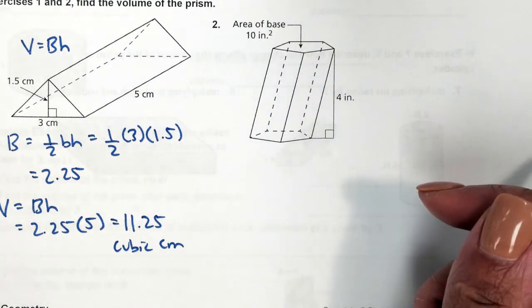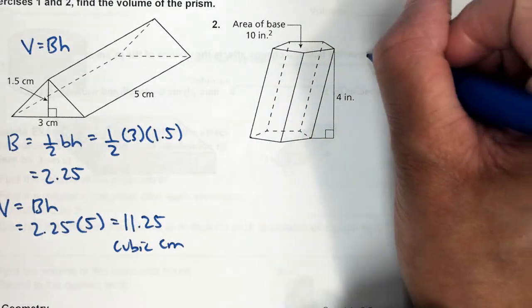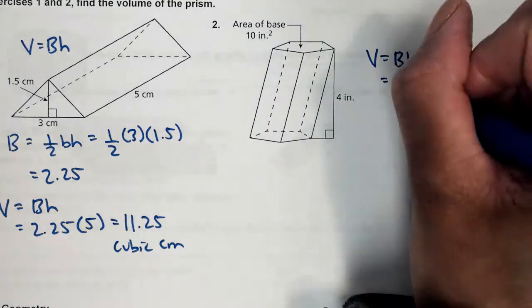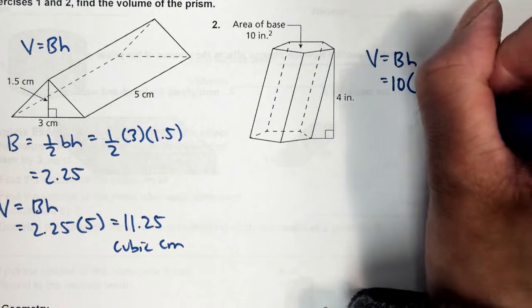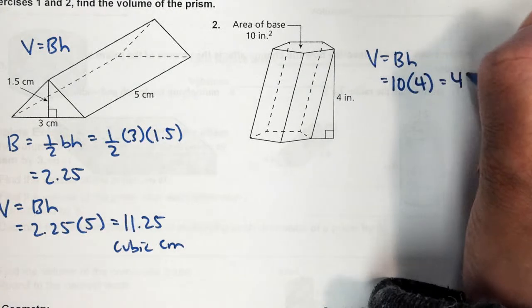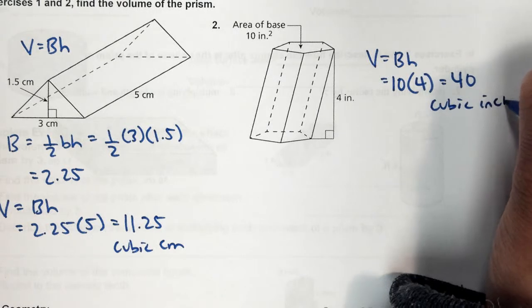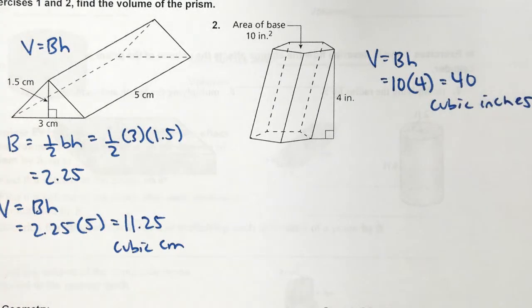So we have already done the extra part. So we have the base area times the height, but the base area is already given to us as 10. The height is 4, so we have 40 cubic inches. So 40 cubic inches for number 2.